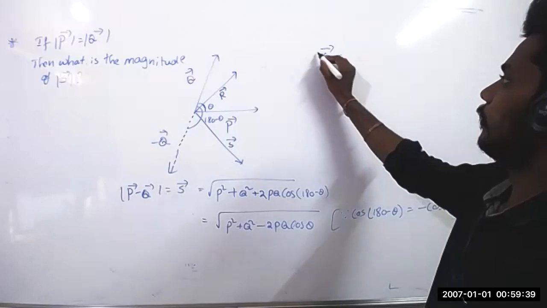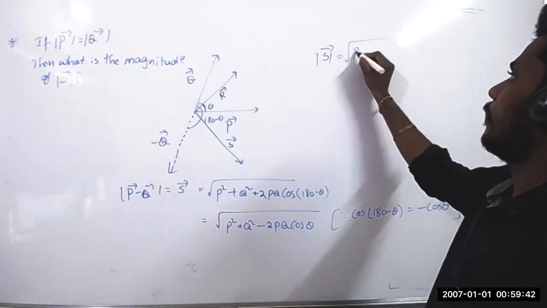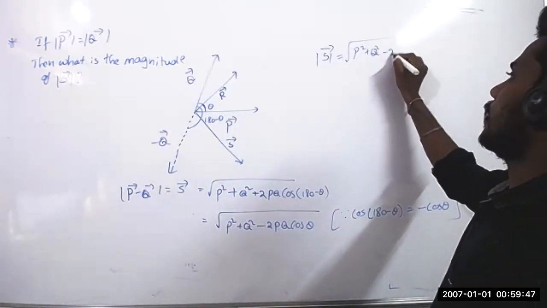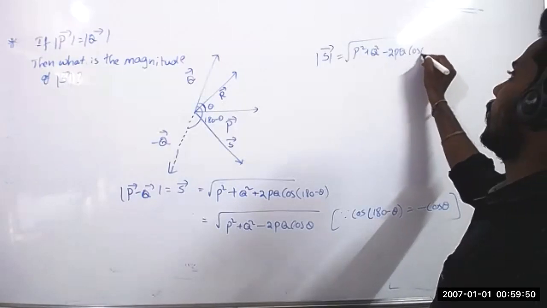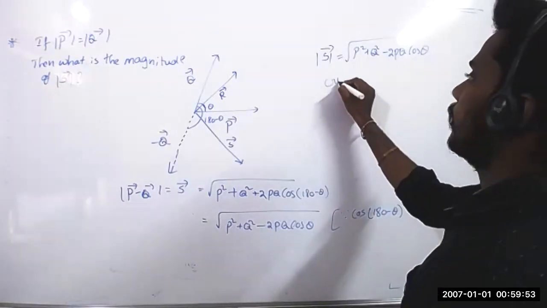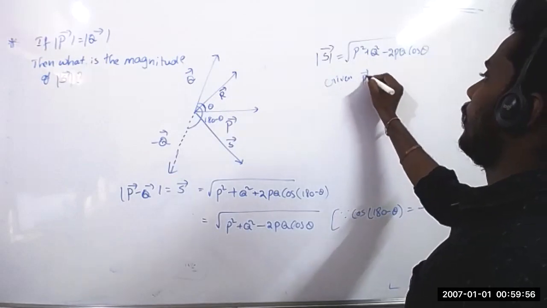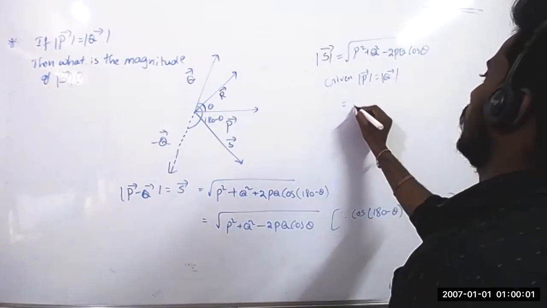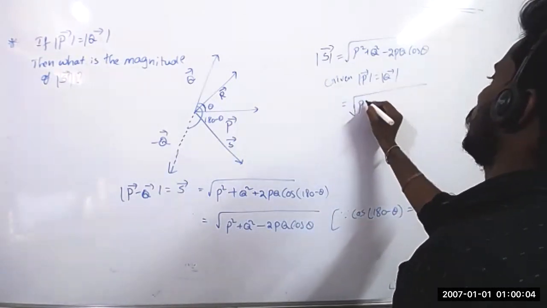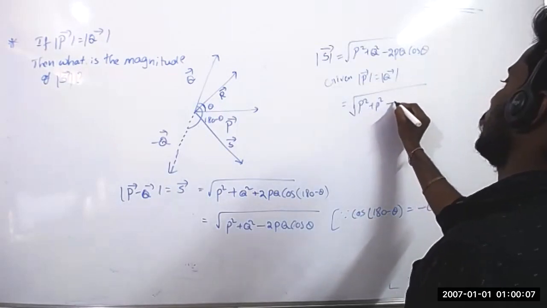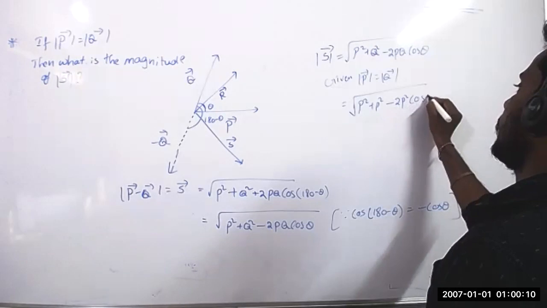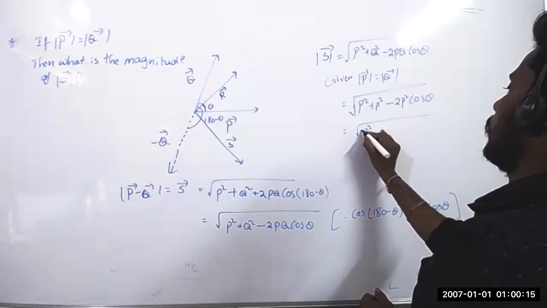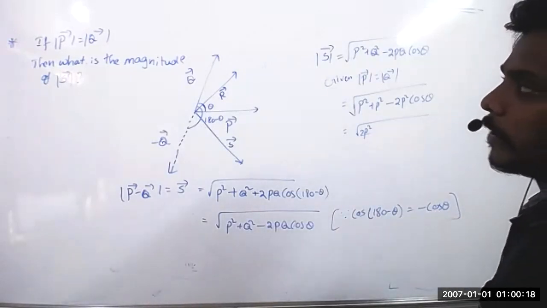S bar equals root over P square plus Q square minus 2PQ cos theta. Given P equals Q, it becomes root of P square plus P square minus 2P square cos theta.